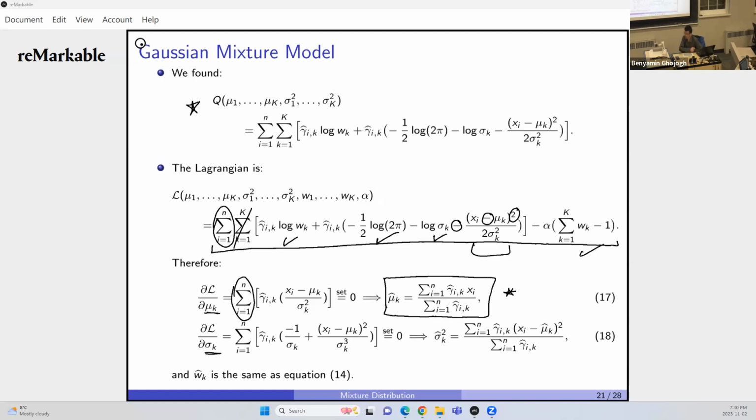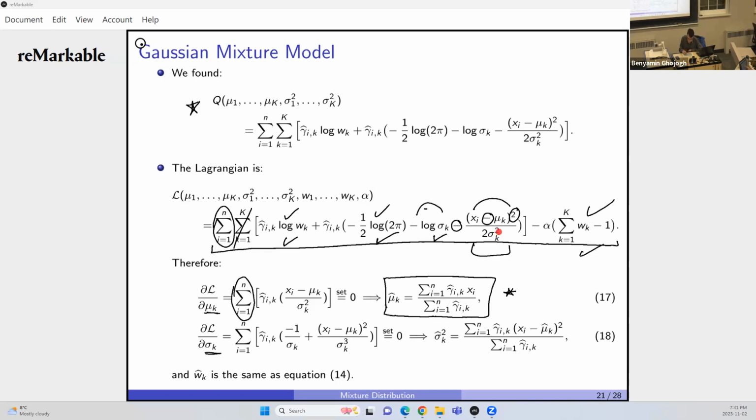Then also take the derivative with respect to sigma k. Constant, constant, not constant, not constant, constant. So only these two terms. Take the derivative of the logarithm, etc. It's so obvious what you should do.